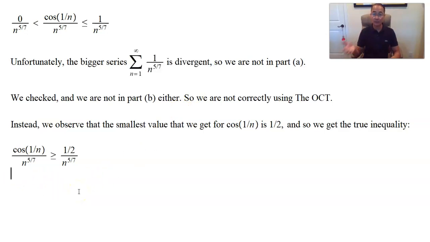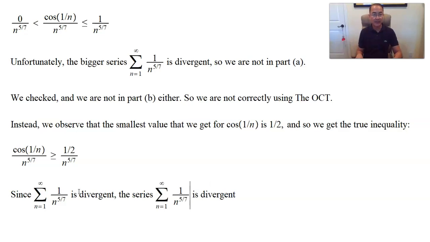It's just a real number which we can factor out of the summation because it's a constant. All right, since that series is divergent, the series summation of 1/2 over n to the 5/7 is also divergent. So now we are correctly applying the ordinary comparison test.